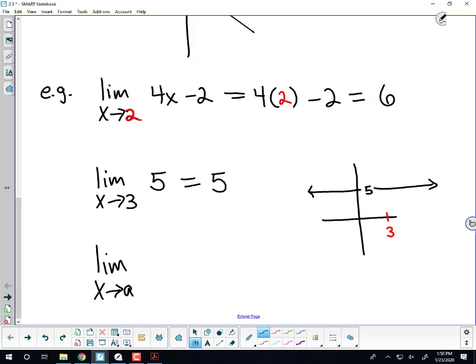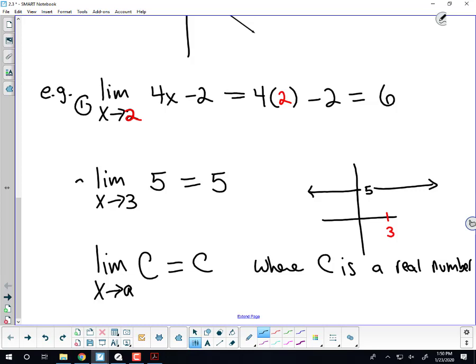We'll just say the limit as x approaches a on c is equal to c, where c is a real number. So as we'll see, there's some functions we can just plug directly into to evaluate the limit.